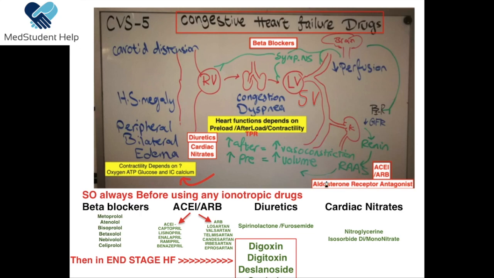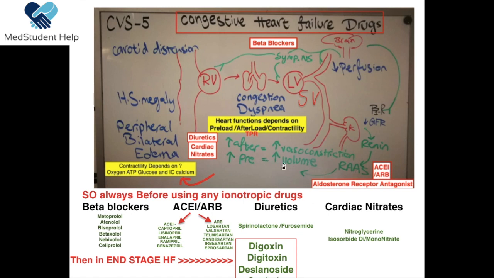Now, what does the system do? We know that this system is going to end up forming angiotensin II, and it is going to lead to vasoconstriction. And it is going to lead to the release of aldosterone, and we know that aldosterone is going to lead to the retention of water and salts and increase the volume.